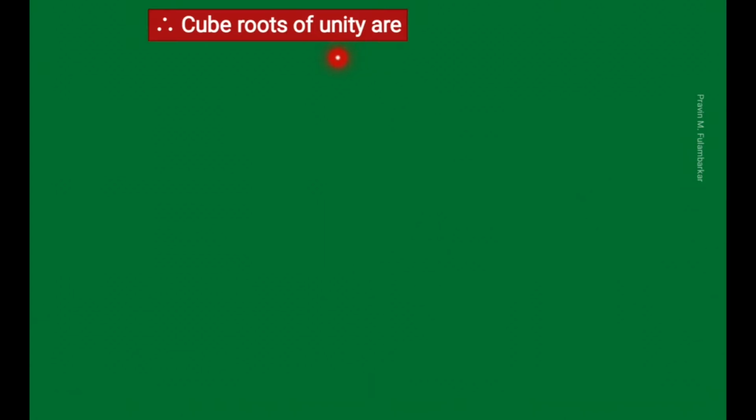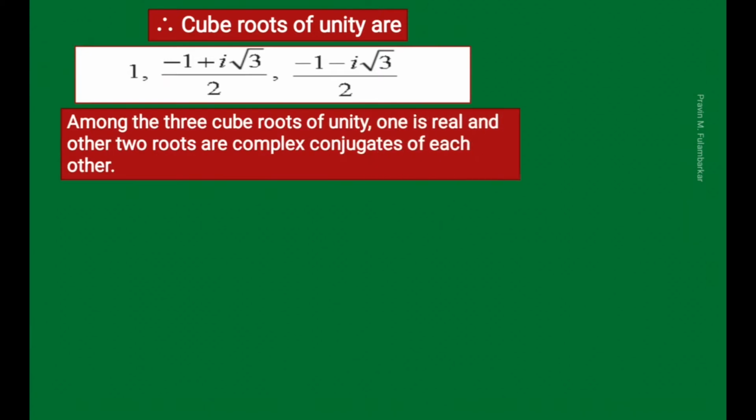So we write the cube roots of unity are as follows. Among the 3 cube roots of unity, one is real and the other 2 are complex conjugates of each other. If you observe, the first root is 1, so this is real, and the last 2 are complex conjugates of each other.